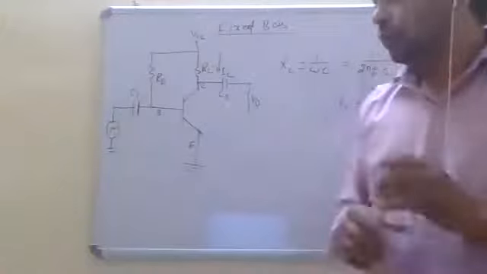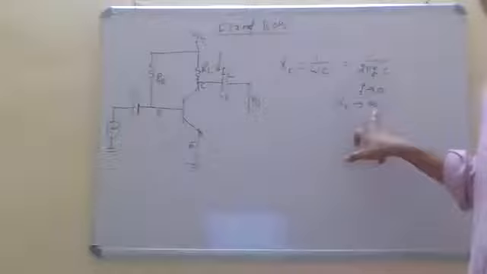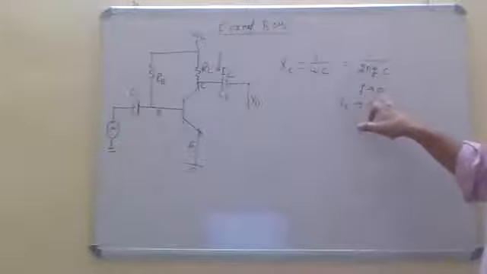For DC biasing, the impedance is infinite because the frequency is 0 for the DC case.